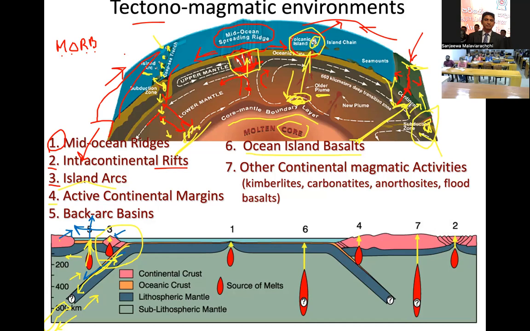One supercontinent is finished, and a new supercontinent will be formed, and it will be destroyed again every 200 to 400 million years. That is because of this cyclic plume activity. Okay, the Hawaiian Islands are a product of a plume some time ago.